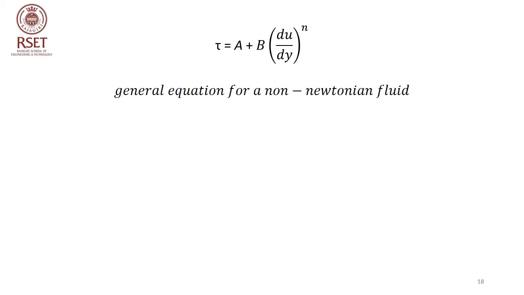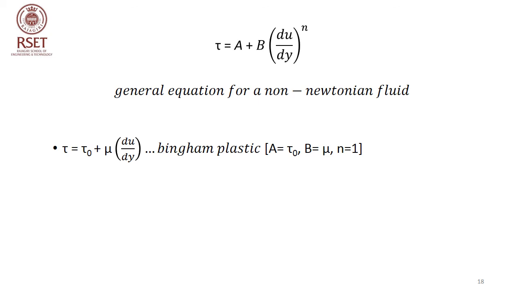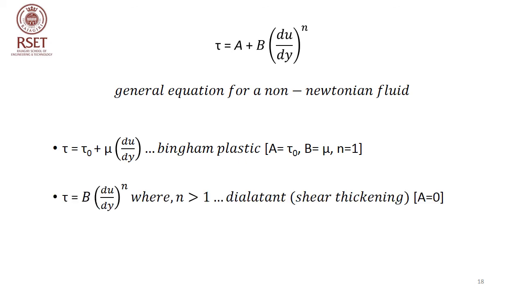So it is the general equation used for non-Newtonian fluids. For a Bingham plastic, the value of A will be equal to the finite value beyond which the stress has to be applied for deformation of the fluid, and mu will act as B. In all cases, mu will act as B, and here the value of n will be equal to 1.